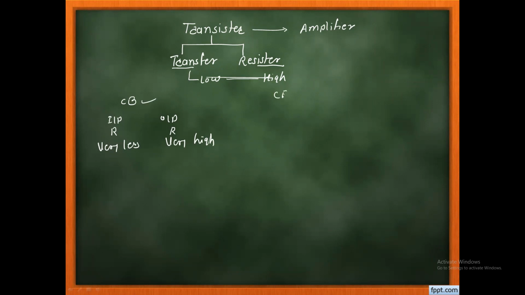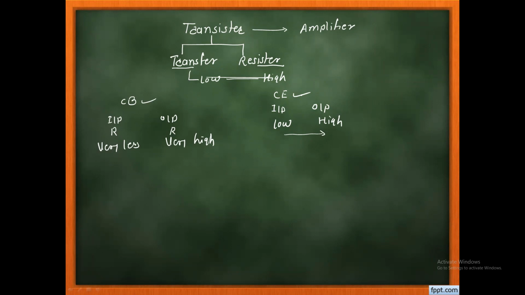Similarly, if you see the common emitter configuration, then the input resistance is low and the output resistance, I say, is high. So again in that case also the signal can be transferred from low resistance to high resistance. So the common emitter configuration is also widely used. This is also a valid configuration for current amplification.